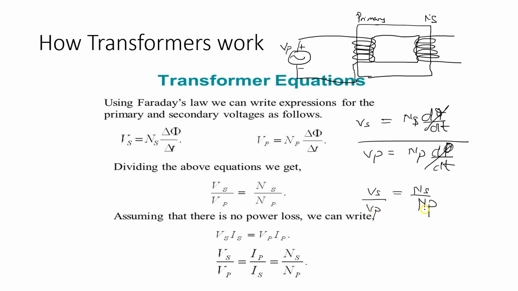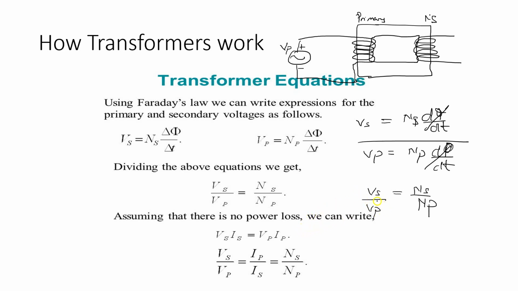One of which is that if the number of turns on the primary decreases, then chances are the voltage on the secondary would increase, right? And you're going to see that eventually when we deal with it differently.